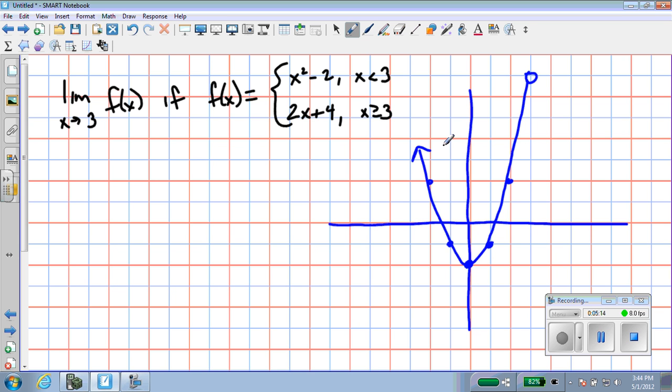And then the line starting at 3, so, oops, I drew this badly.